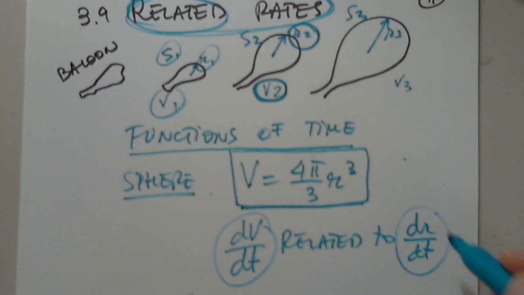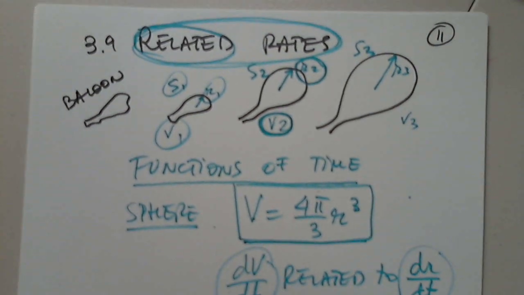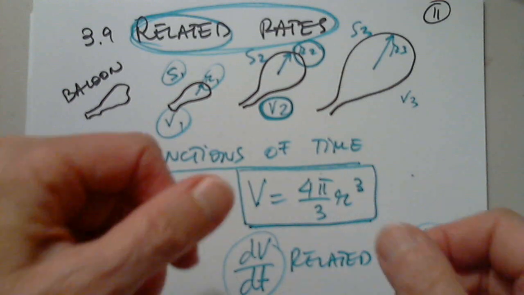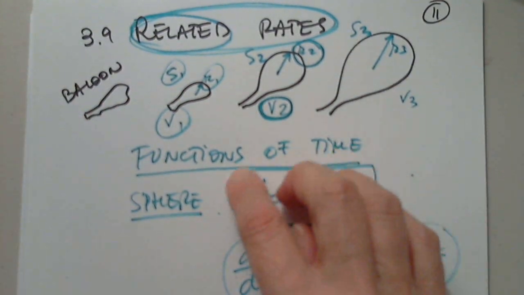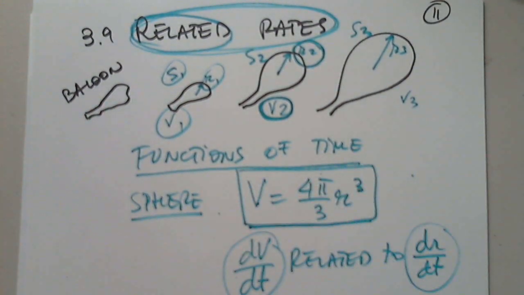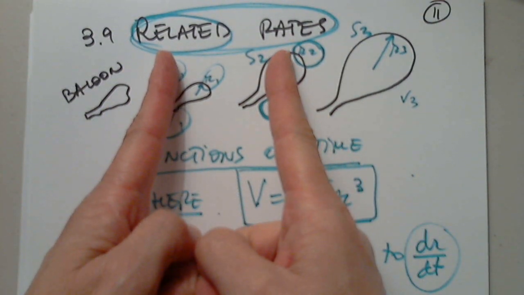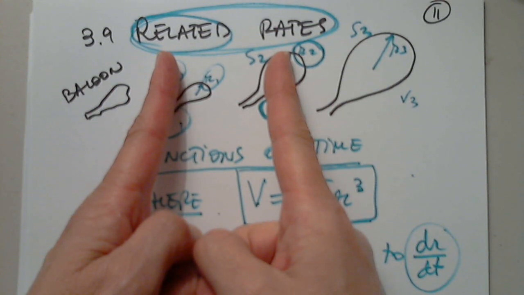This is related to this by a relationship. We're going to find it right now in a minute. So if two functions, in this case functions of time, are related by an equation, their rates of change will be also related somehow by some equation.